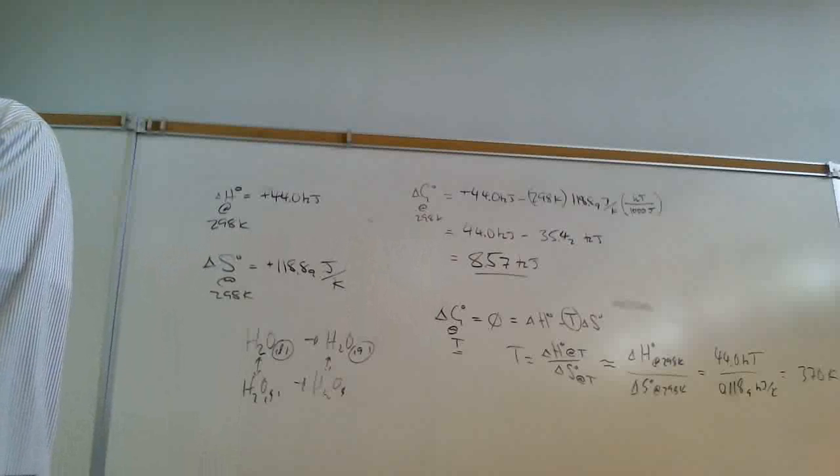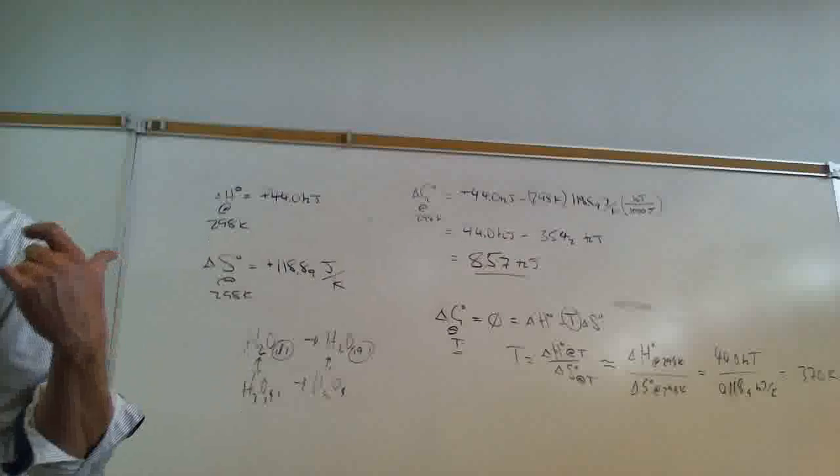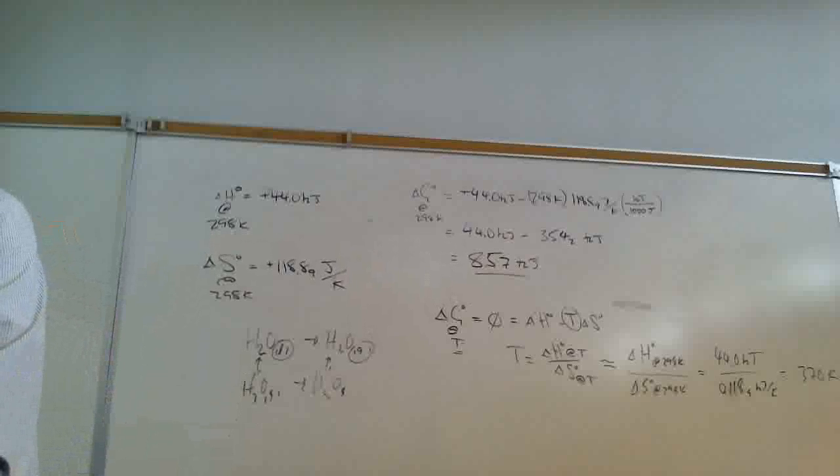All right, that's this. Now, is there any other way to change the driving force? Yeah, by changing the pressure, or by changing the concentration. That will change the driving force.